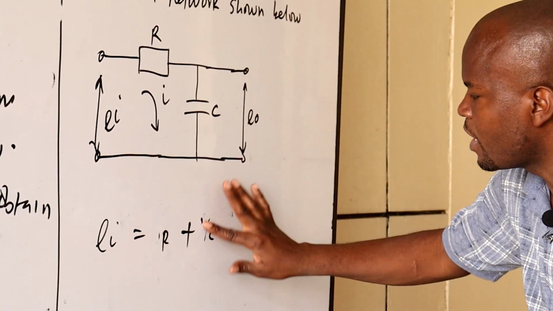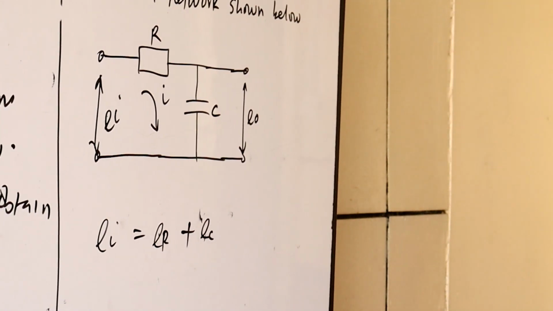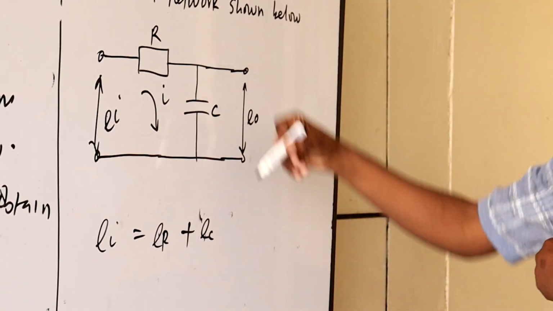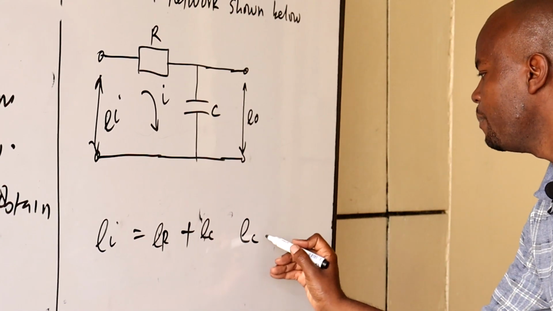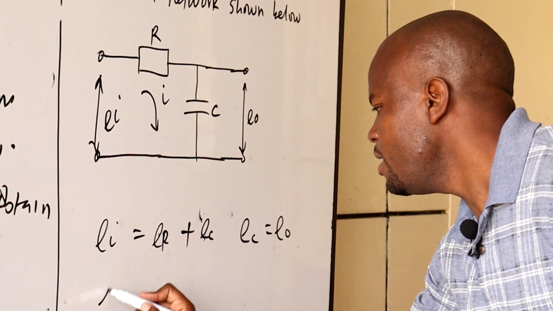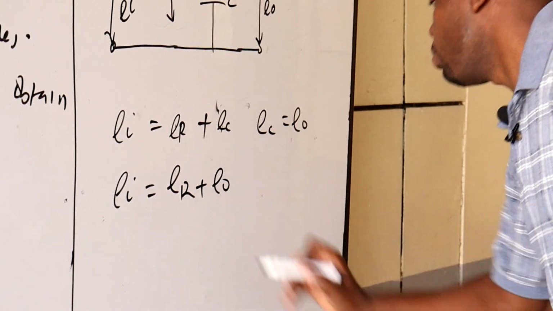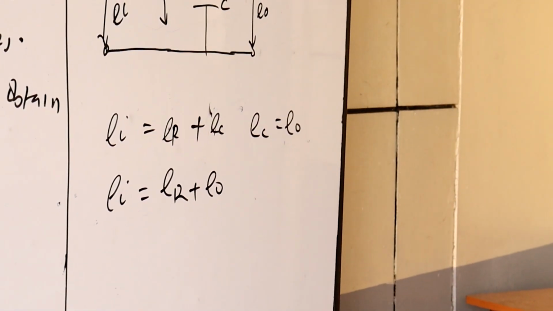For consistency we use E, so we have ER and EC. The voltage across the capacitor, EC, is the same as E out. Therefore, Ei is equal to ER plus E out.